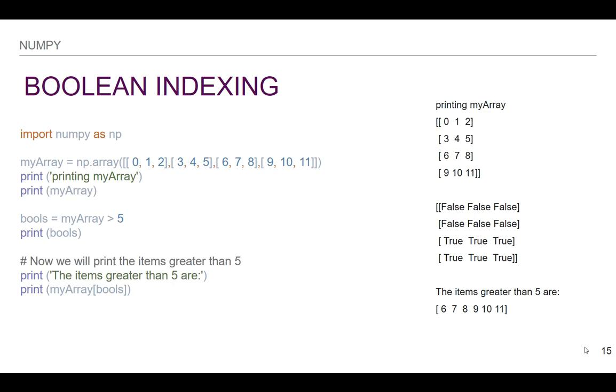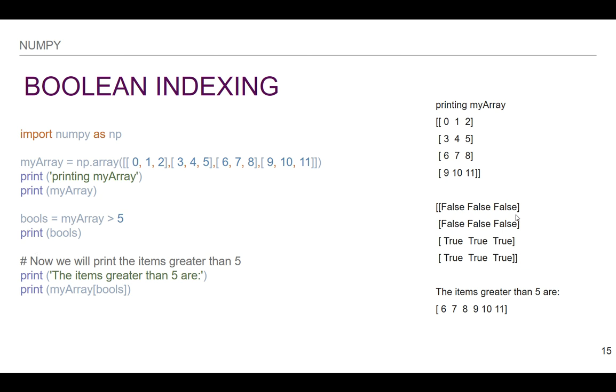The last slide in this category is the Boolean indexing. So what is Boolean indexing? We have a Boolean condition. If this condition is met, then we want a true instead of the entry. And if it doesn't meet this condition, then we want false. So this is an array. And then we create this Boolean array based on my array greater than 5.